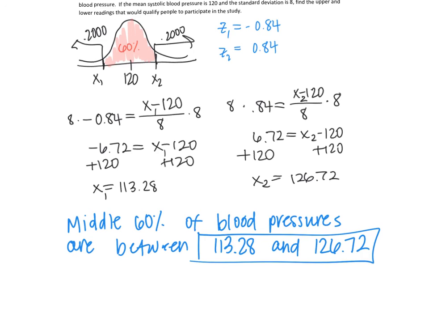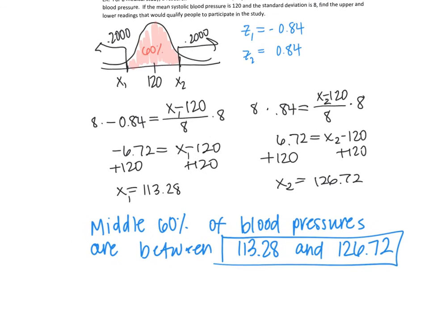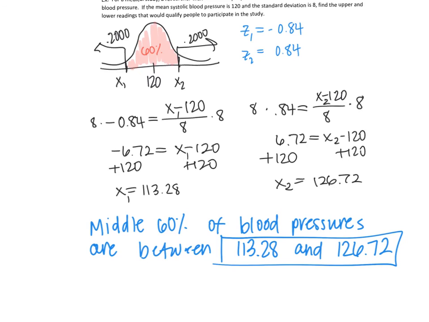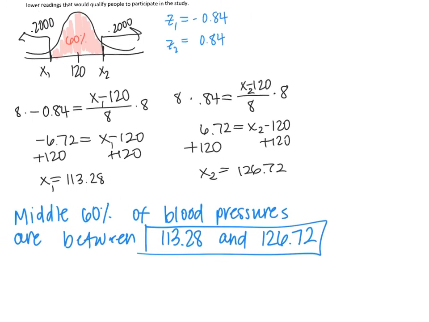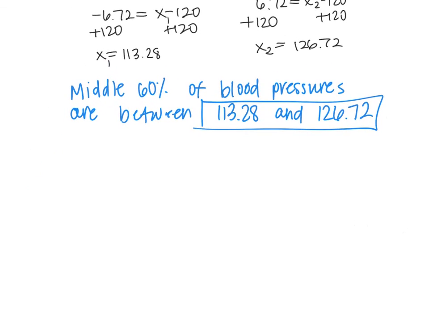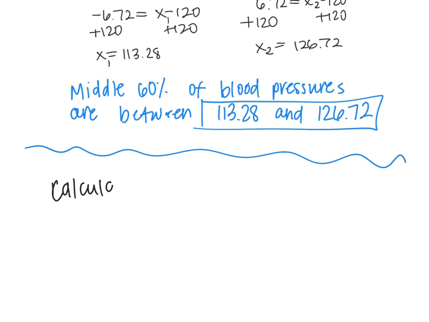This is also something we can do using our calculator. If we want to use our calculator, which again I will show you in class, we're going to use something called invNorm.